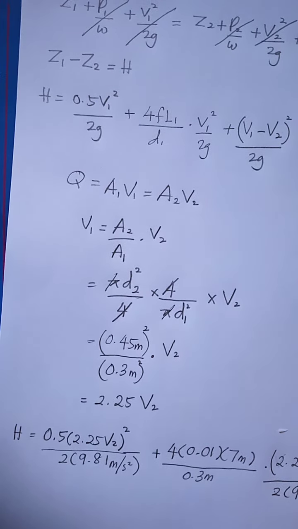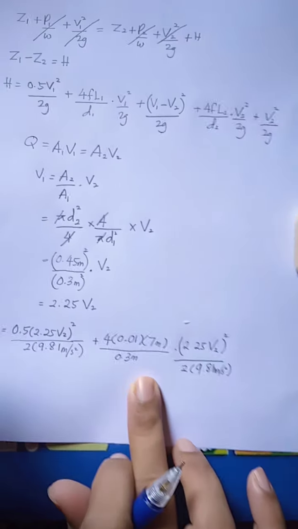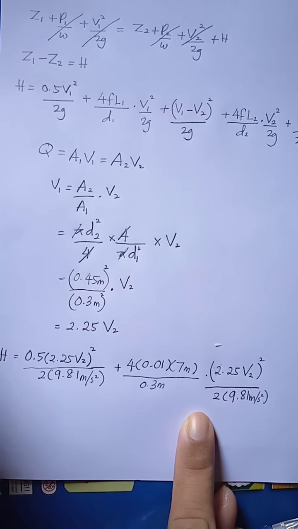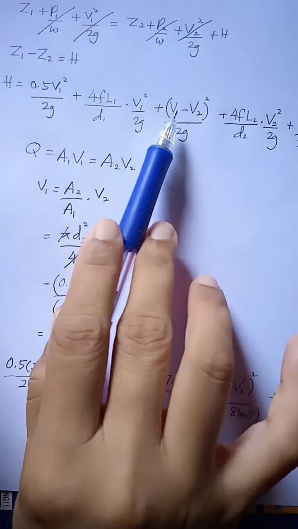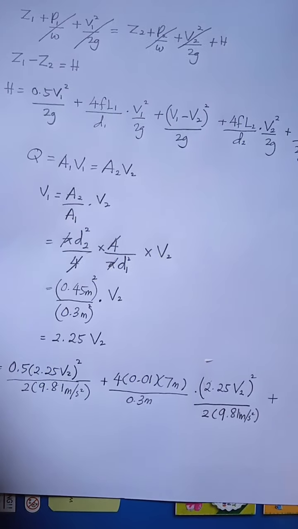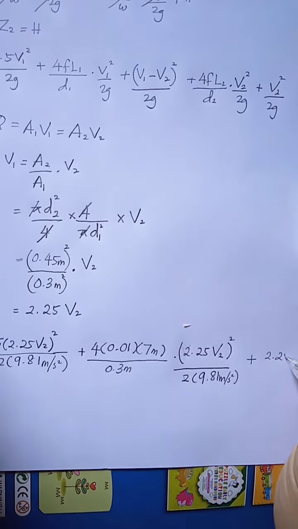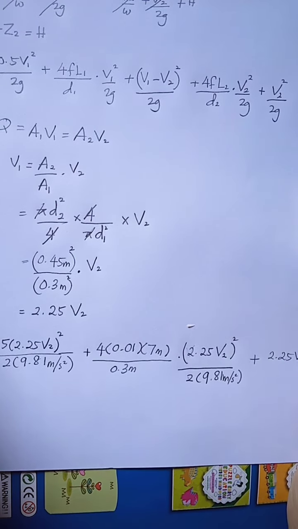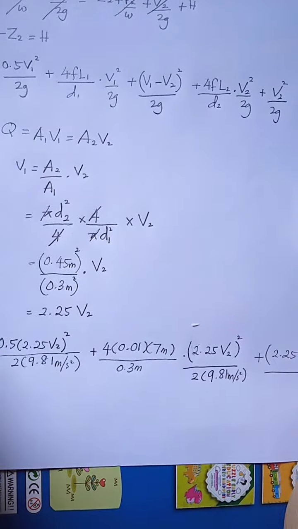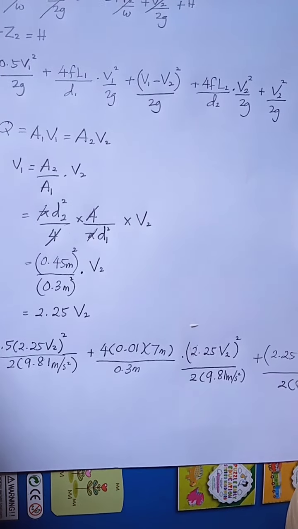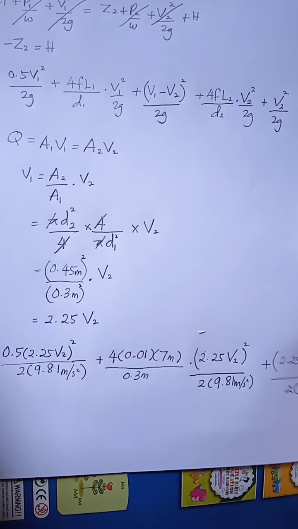This is for the first friction. Plus this one, V1 is 2.25 V2 minus V2, squared over 2g, so 2 times 9.81 meter per second squared.